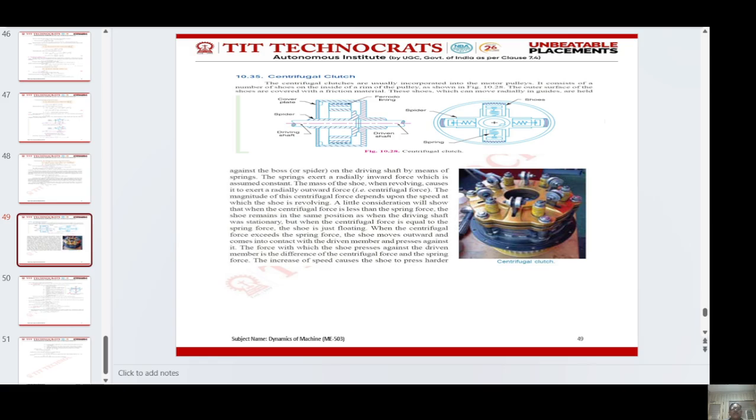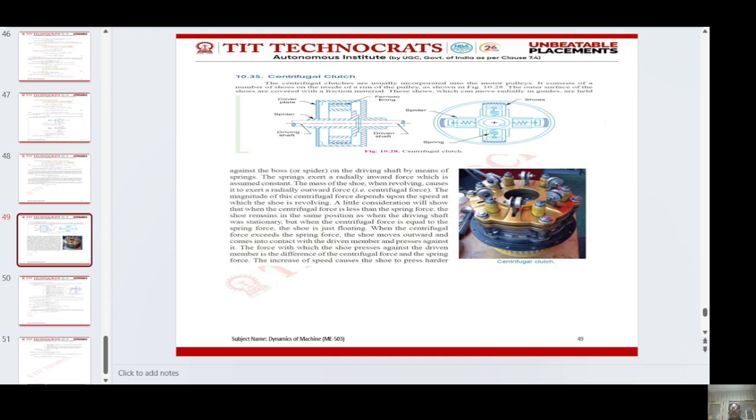Centrifugal clutch. The centrifugal clutches are usually incorporated into the motor pulley. It consists of a number of shoes on the inside of the ring or pulley as shown. The outer surface of the shoe is covered with friction material.